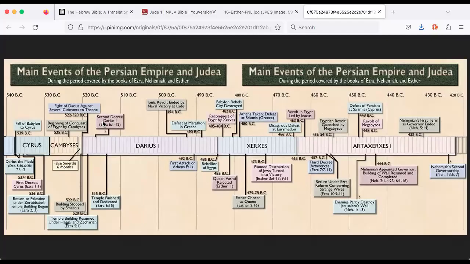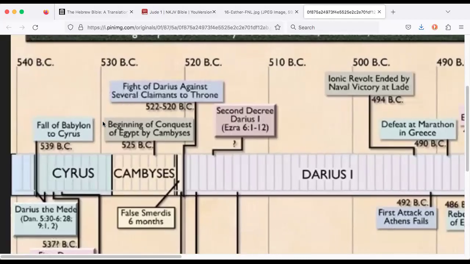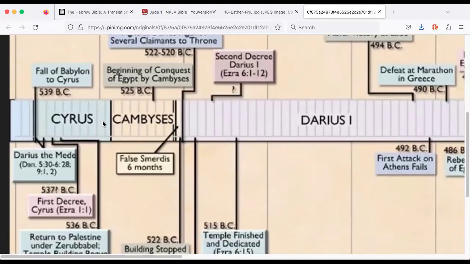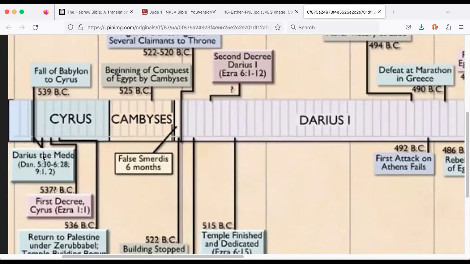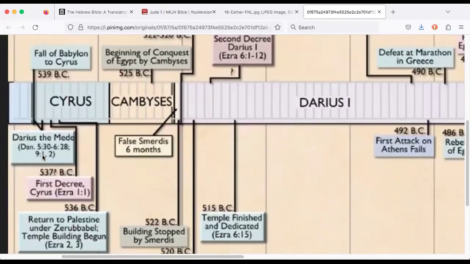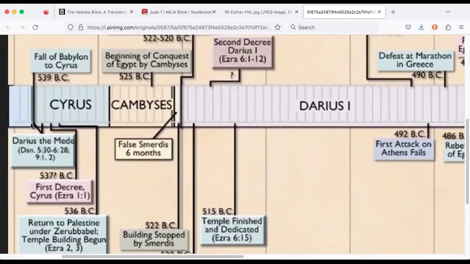So let's go. Here's a timeline. It's got actually a lot more information on it than I'm going to talk about. If you remember where we were in Daniel months ago, that would be kind of like right here. So Daniel is living up until this time right here. Right here is where Darius the Mede comes in. This is right where that story about Daniel and the writing on the wall is, and you have the fall of Babylon to Cyrus.